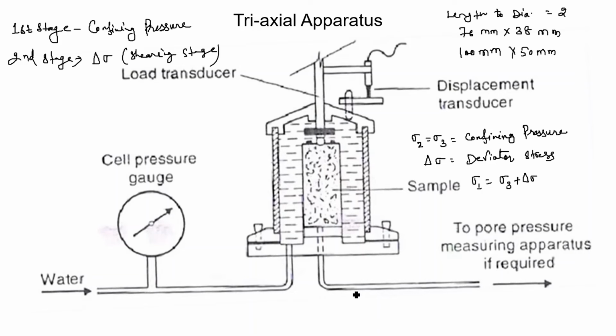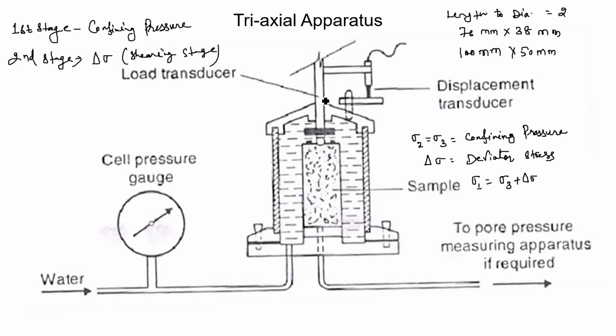After closing this drainage path, the second stage starts, that is, the additional axial stress is given to the soil sample. So that is the second stage.